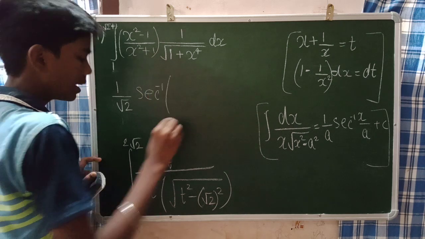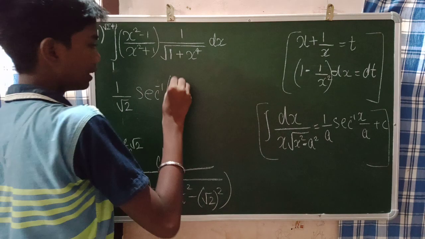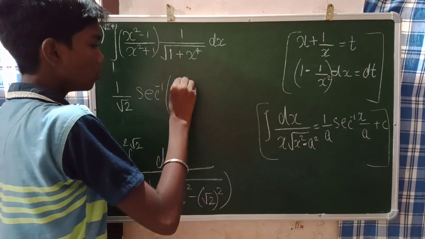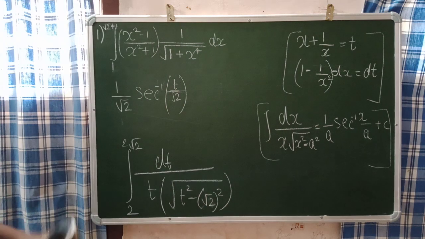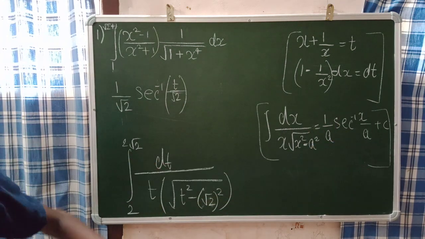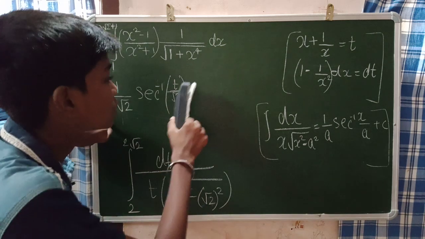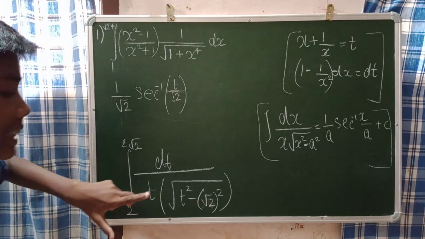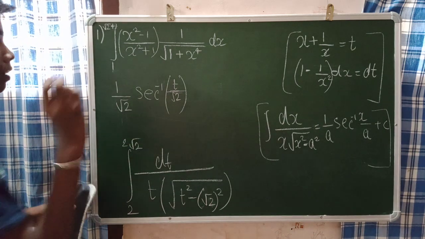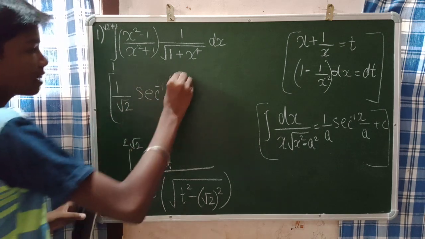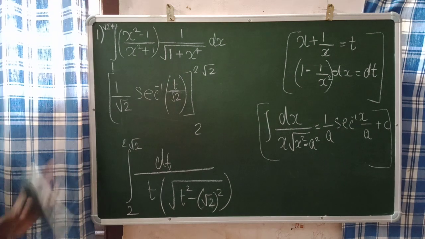X by a is t by root 2. Because we are having 1 by a of secant inverse of x by a, 1 by a is 1 by root 2, then secant inverse of t by root 2. Then the limits are from 2 to 2 root 2.